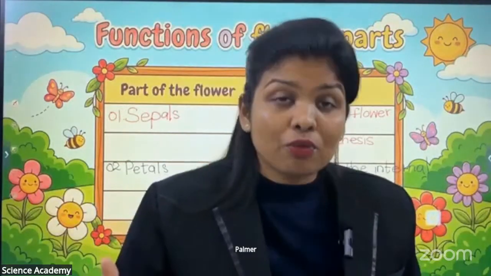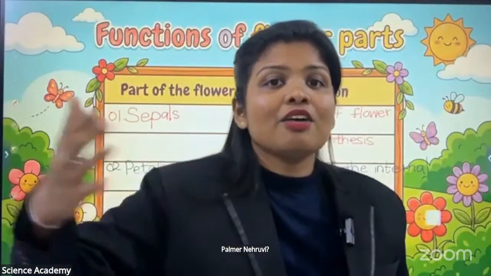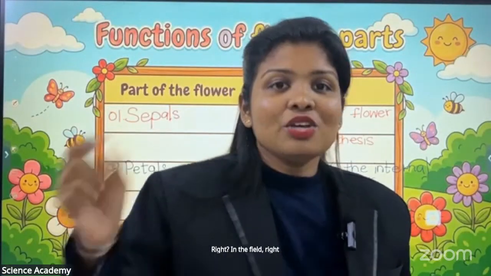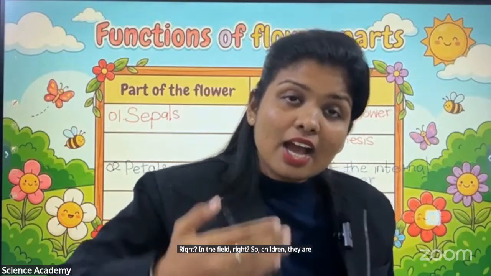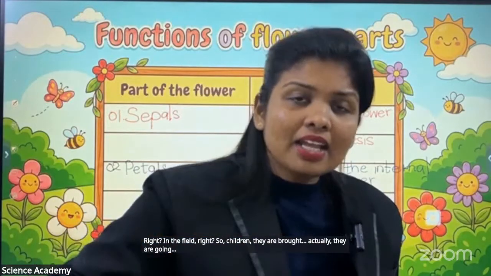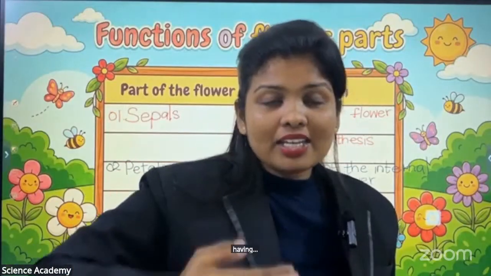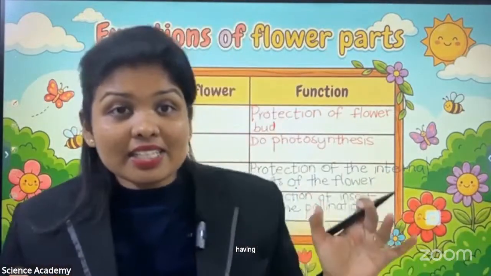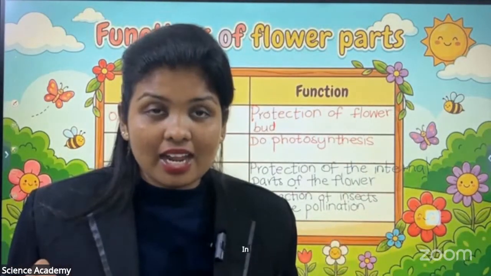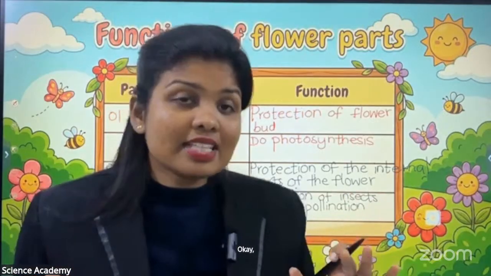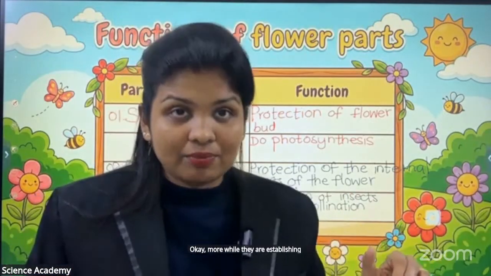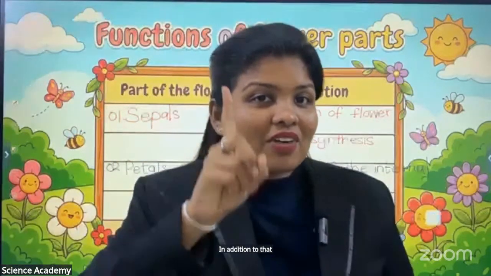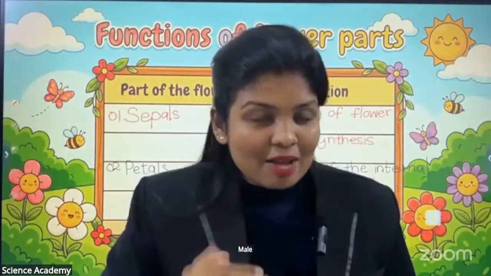Farmers grow a lot of female flower bearing vines in the field, that is, vines with gynoecium flowers. In addition to that, only one male vine is established on the ground.